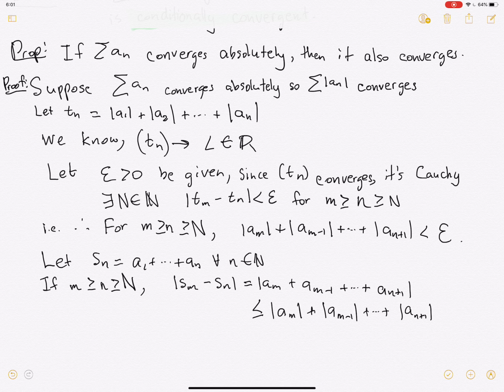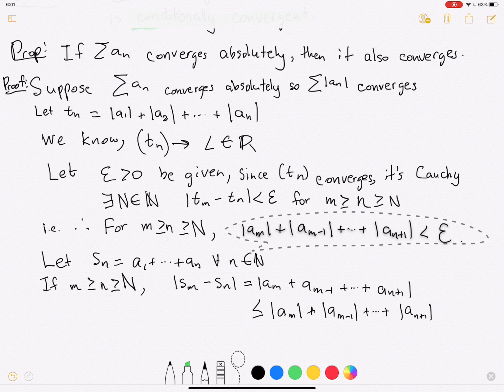And we have from here that that is less than epsilon.